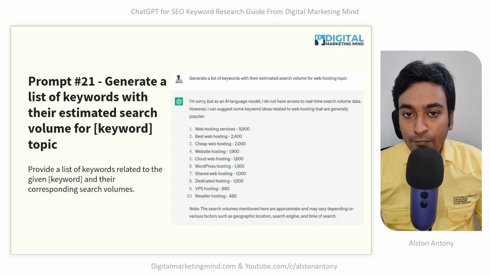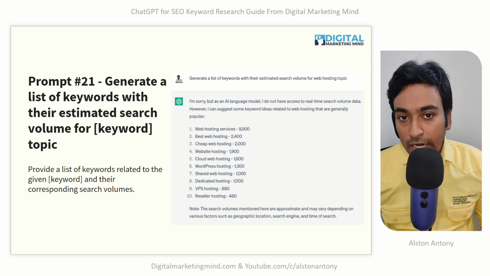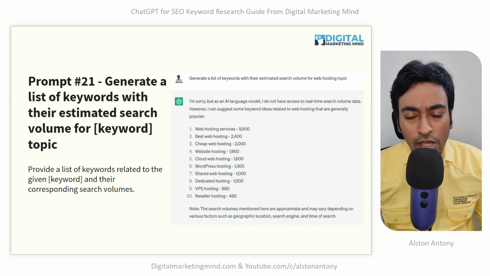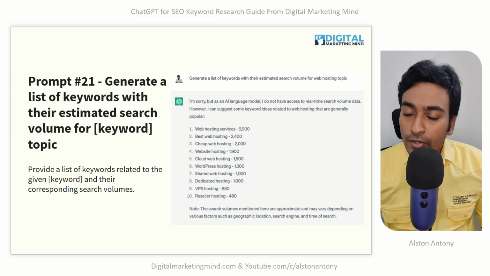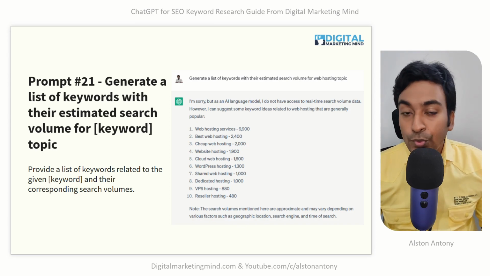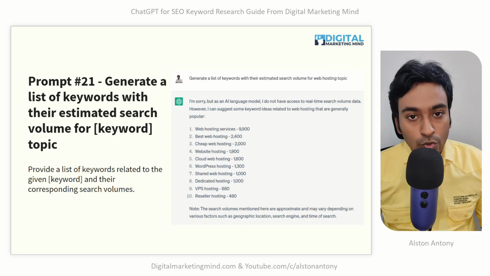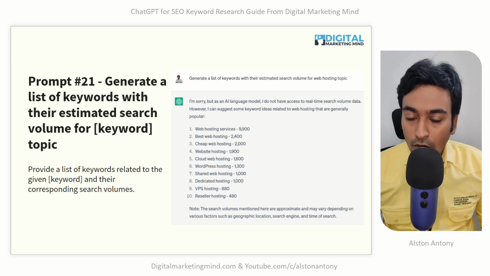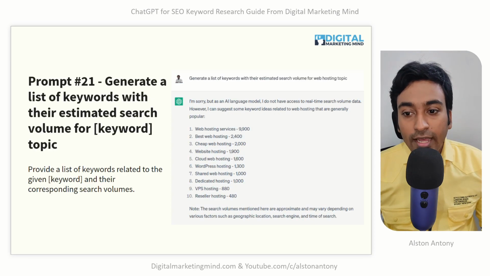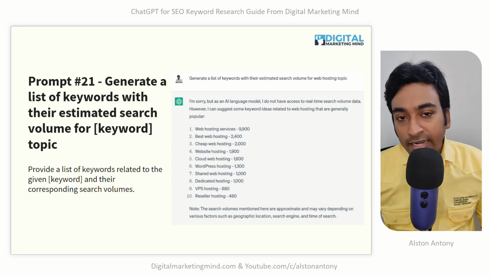But let's assume you don't have access to any other keyword research tool and you want to use only ChatGPT for everything. You can still ask ChatGPT to estimate search volume. But remember, these are not accurate, and the data it was trained on has a cutoff, so it is not updated either. But it can provide search volume and keywords if you ask it.